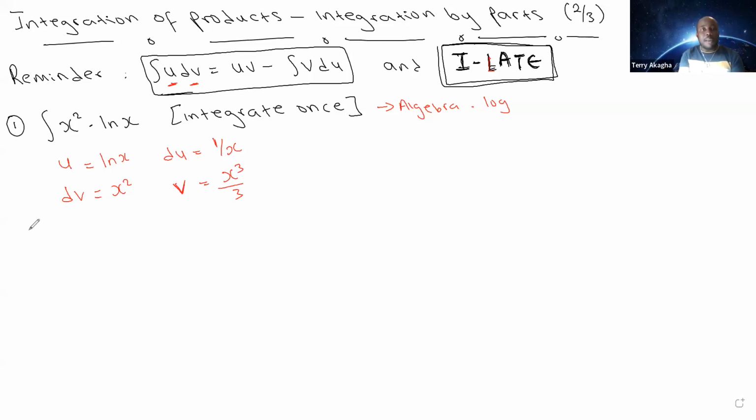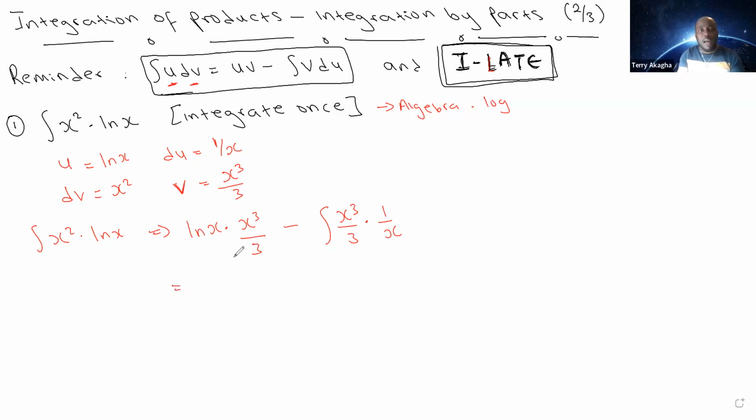Now, the next step is to apply the formula. We are integrating x squared ln x, which will now be equal to our u, ln x, multiplied by our v, x cubed over 3, minus the integral of our v, x cubed over 3, times our du, which is 1 over x.